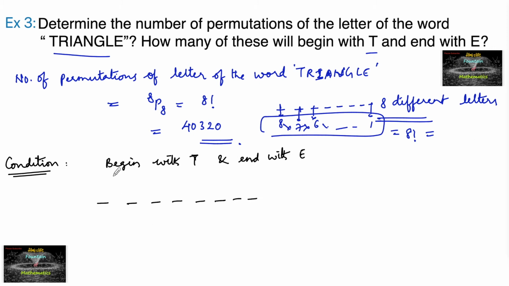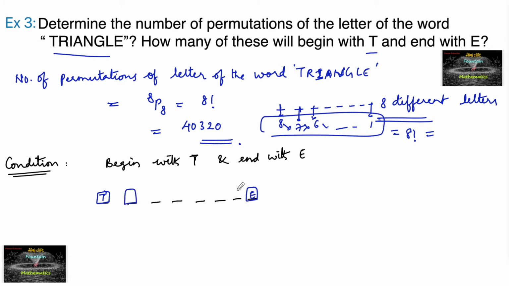The first position and the last position are fixed, means T and here E. So in the number of permutations, we don't change these letters. The first and the last letter are fixed.